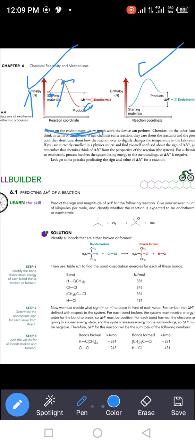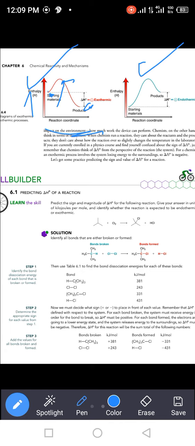To reach this barrier, reactants have to gain some amount of energy. This energy is called activation energy. If the reactants gain this activation energy, they may reach up to the hill. When they reach the top of the hill, they immediately convert into products.